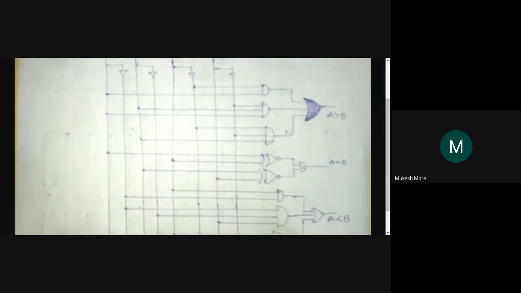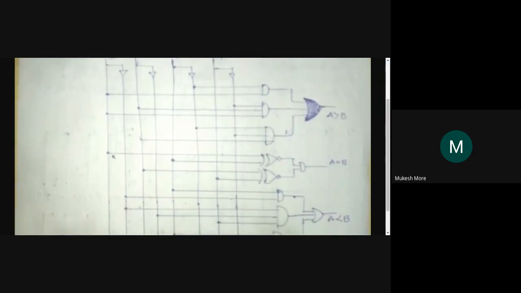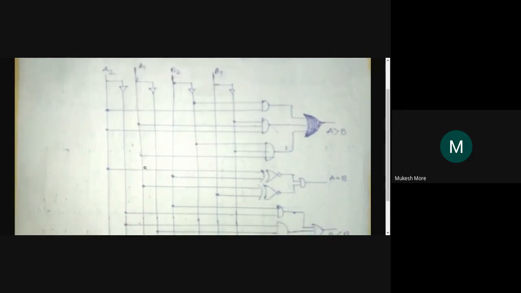Next, we have seen the equation for A equal to B. It is A1 XNOR B1. See, this one is A1 XNOR B1. This is an XOR gate and NOT is attached here at the head.